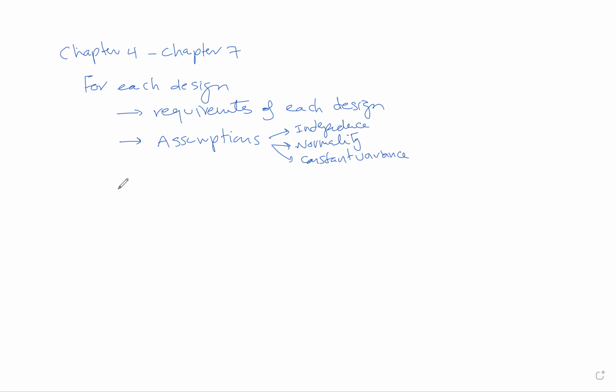And for each design, you need to be familiar with the statistical model. For each design, you should be able to interpret the R outputs. For each design, you need to be familiar with the layout of the design.